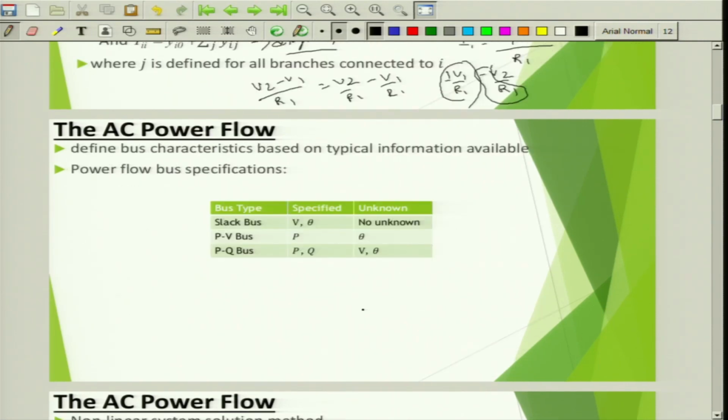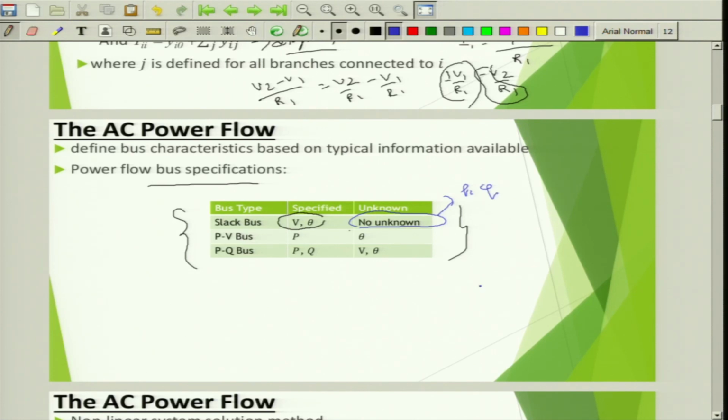So, define bus characteristics based on typical information available. Power flow bus specification: there are 3 types of bus: slack bus, PV bus and PQ bus. In the slack bus, voltage and angle are known and the unknown parameters are P and Q, which you will find out after solving the load flow analysis.